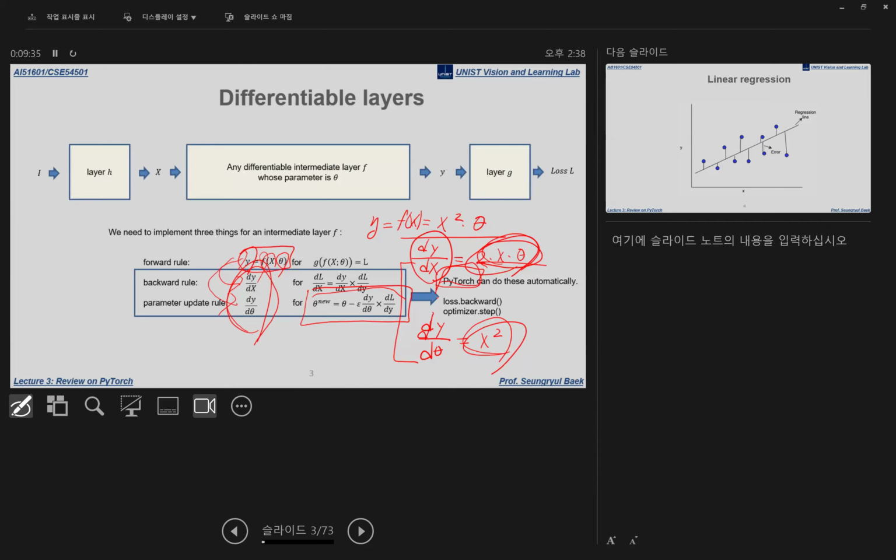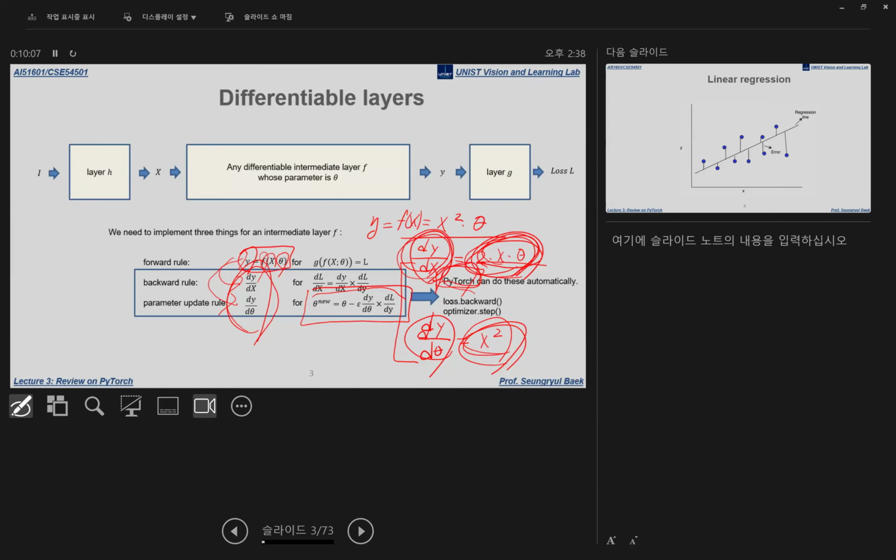If we didn't have such an automatic gradient calculation module inside the function, then we would always have to write down this type of closed form formula for the gradient and type it hard-coded in the Python language. But thanks to the PyTorch library, we don't have to do that.